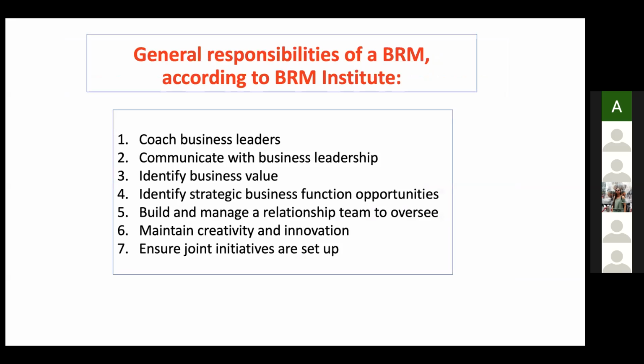The general responsibilities of BRM, according to the BRM Institute: coach business leaders on how to communicate to IT what they need to improve business performance, and communicate with business leadership to evaluate joint initiatives and proposals to see how they align with established roadmaps and business proposals.